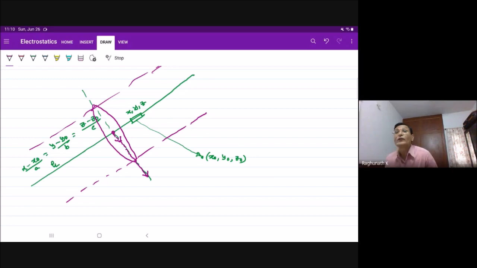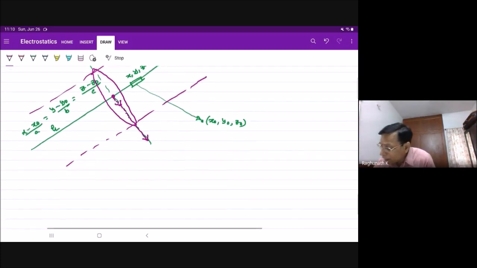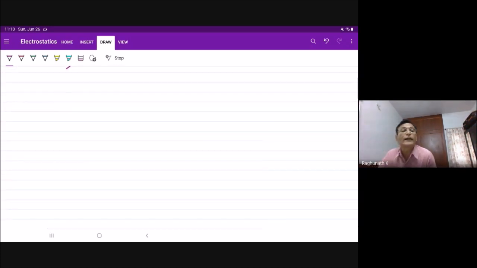Because the field of an infinite line charge has cylindrical symmetry, I need to consider a simple consistent case in cylindrical coordinates, where the infinite line charge is of infinite length. Only then can I use this. In a finite line charge, why not put the limits and then integrate?